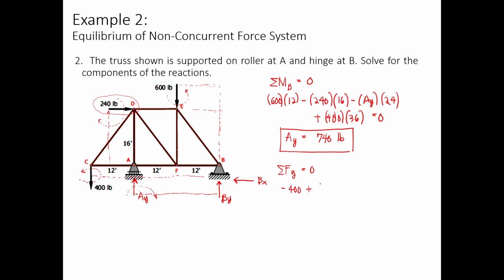Then Ay is positive, then plus By is positive, and then negative 600 going down equals 0. So minus 400 plus 740 plus By minus 600 equals 0.